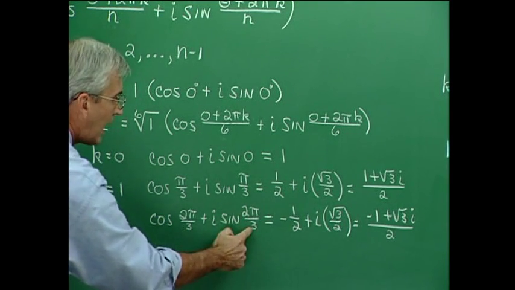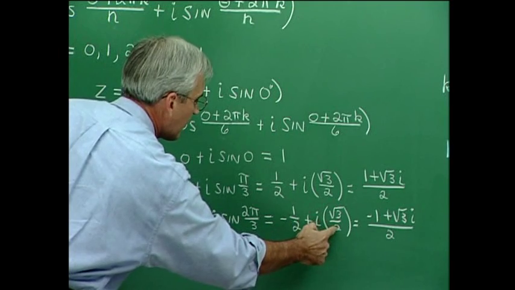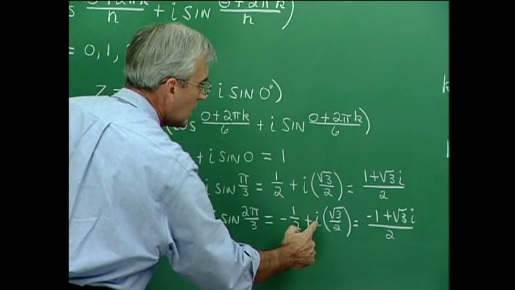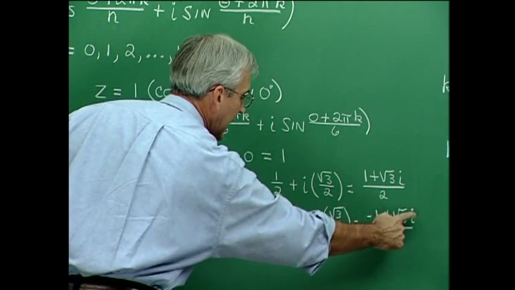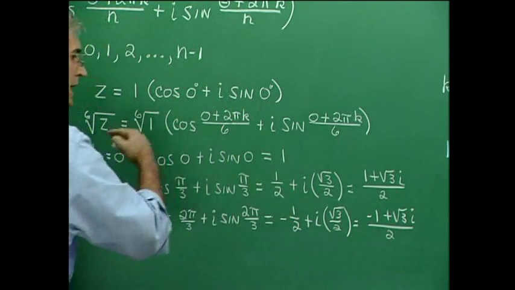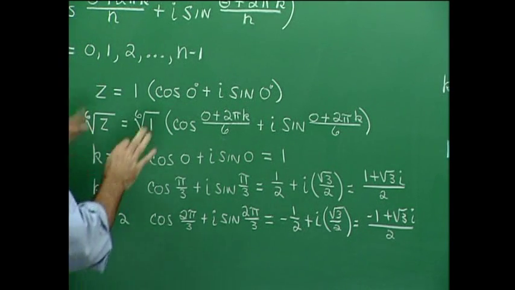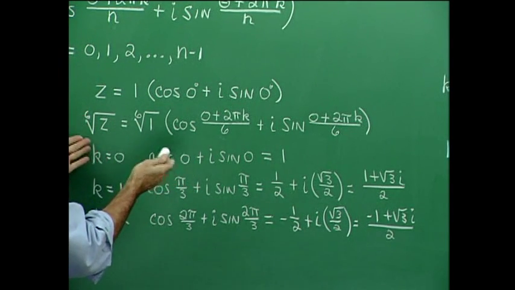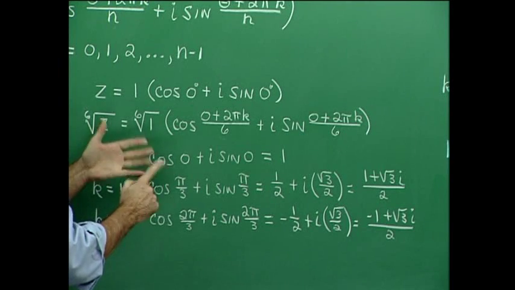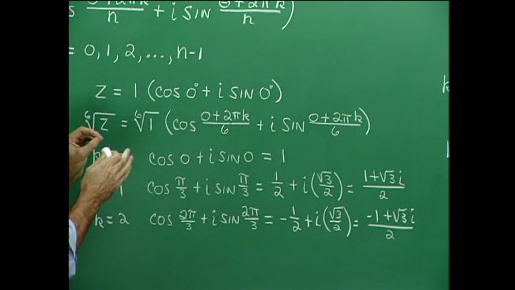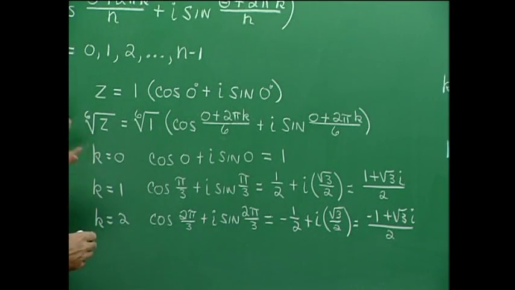The sine of 2 pi over 3 is root 3 over 2. Using our common denominator, we have negative 1 plus root 3 i all over 2. Again, another one of the zeros that we found earlier. Well, then we let k take on the other values, 3, 4, and 5, and that will give us all 6 of the 6th roots of 1 using this notion.